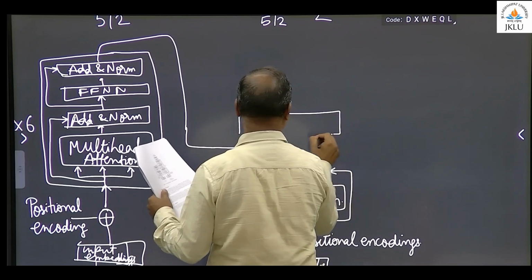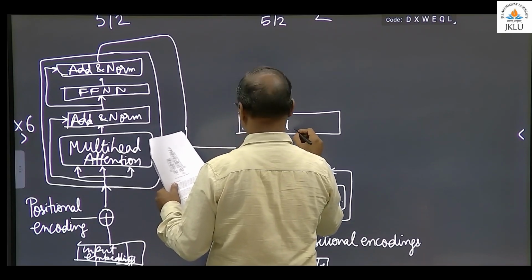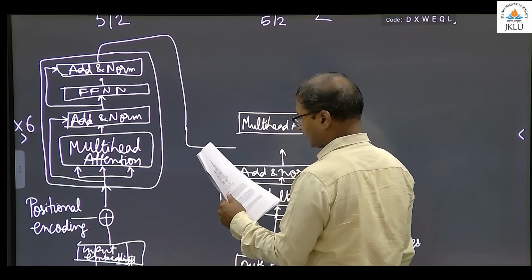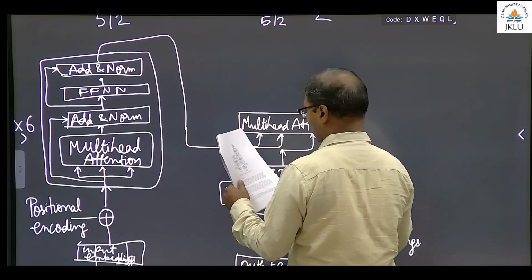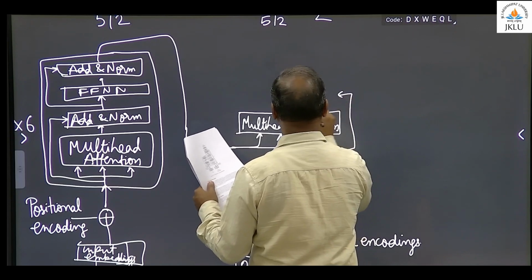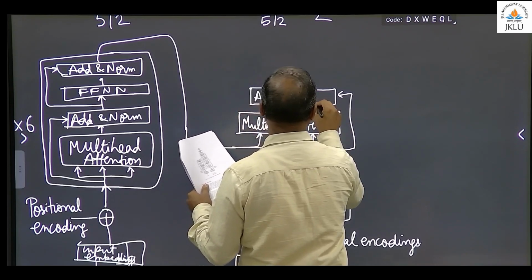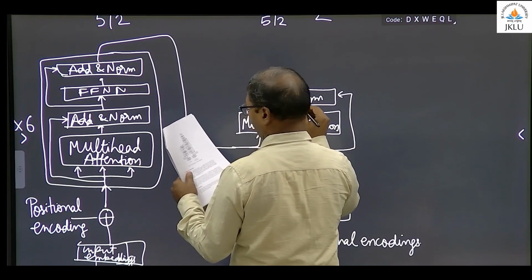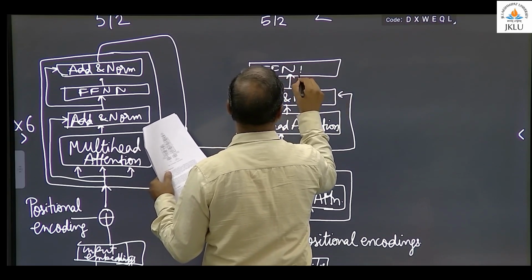So let me just draw multi-head attention, and this one goes here, this one goes here, this one goes here, and what you have is this one also goes here, which is your add and norm. Feed forward neural network.